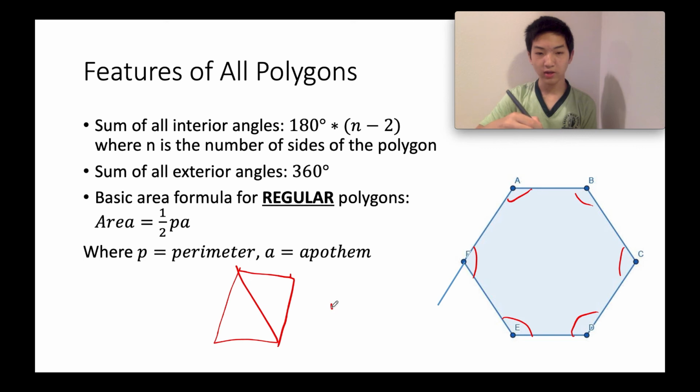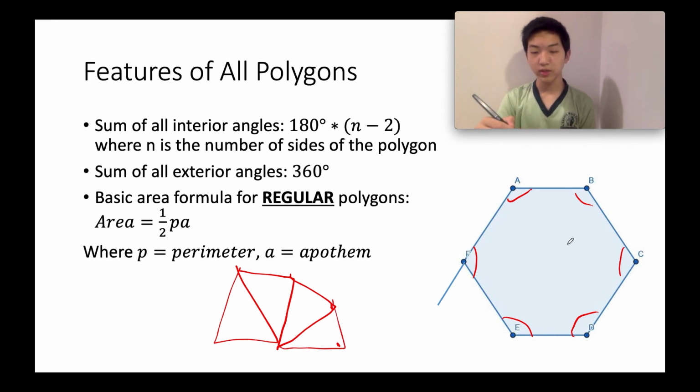And if we add another point, we get another triangle, which is another 180 degrees. So once we have the initial triangle, which is why we have the minus 2, because the first 2 points don't constitute a polygon, we need a third point for it to become a polygon. Each additional point adds an additional triangle, which would add an additional 180 degrees.